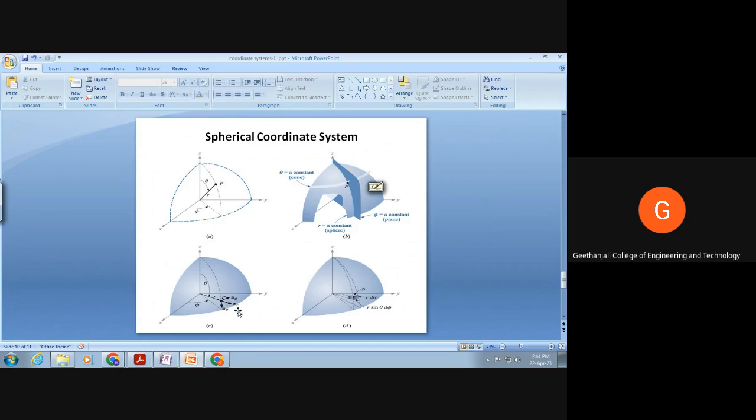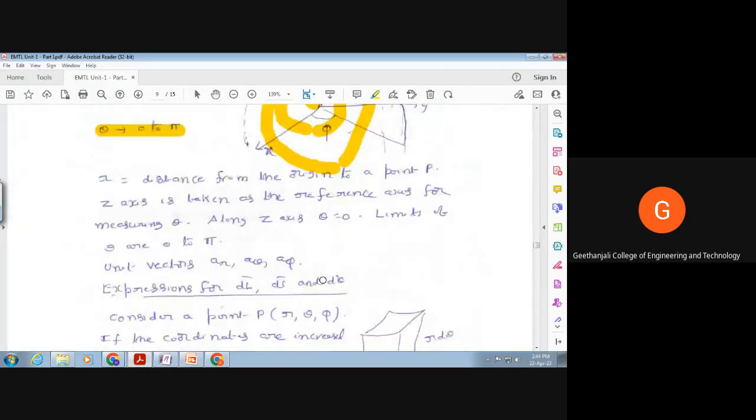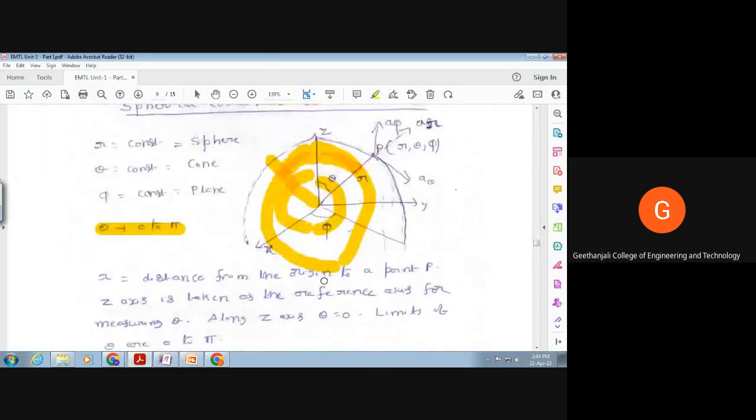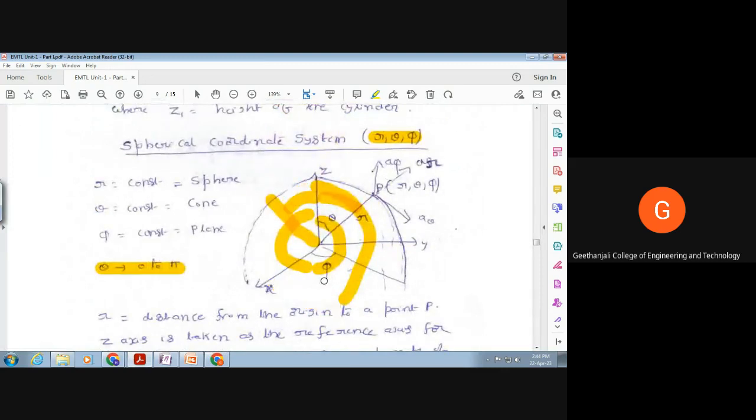This is AR here. A phi is perpendicular to the phi is equal to constant plane. And A theta is perpendicular to that conical surface. Let me try to represent it here.